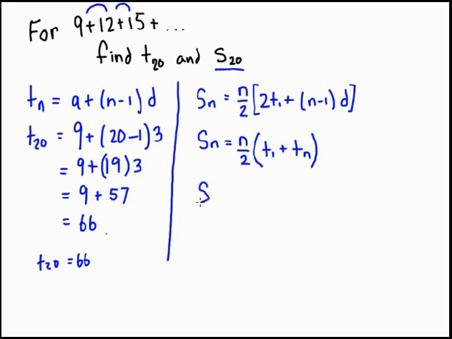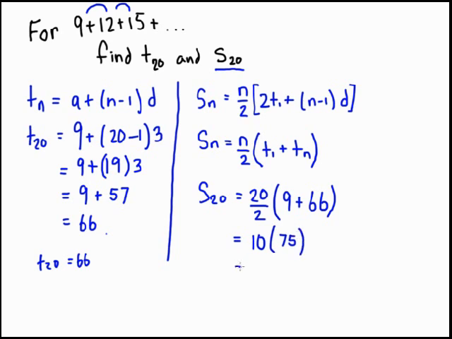So S20 is going to equal 20 over 2 times term 1, which is 9, plus term 20, which is 66. Okay, so 20 over 2 is 10. 9 plus 66 is 75. And 10 times 75 is 750.